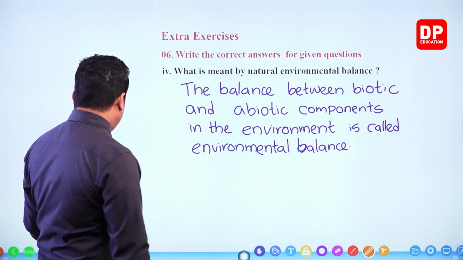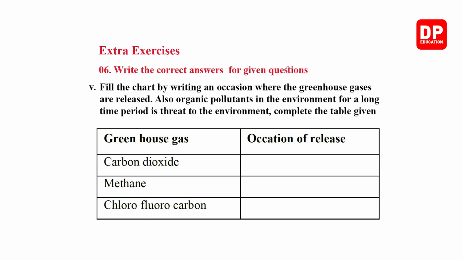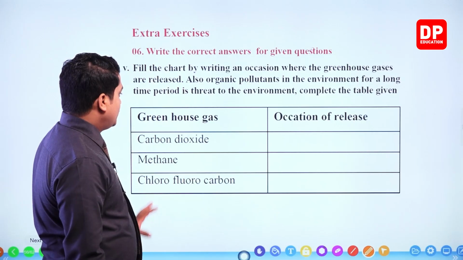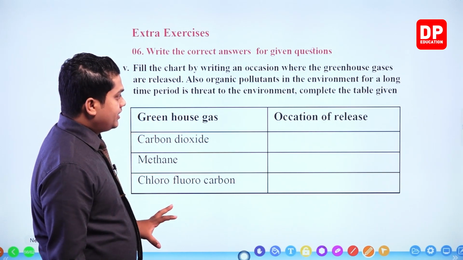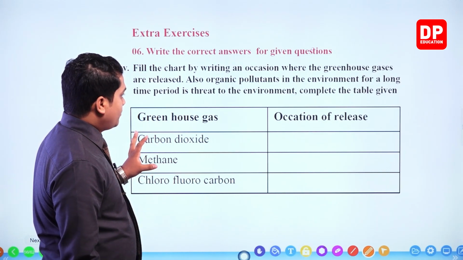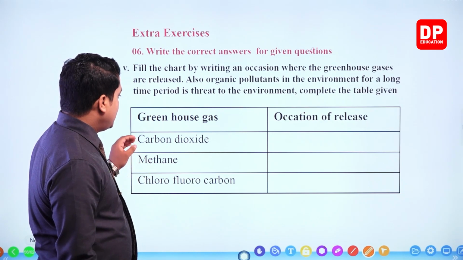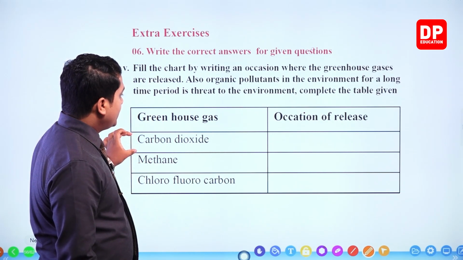Okay. Next question. Fill the chart by writing an occasion where the greenhouse gases are released. Also, organic pollutants remaining in the environment for a long time period are a threat to the environment. So, complete the given table. Here you have to complete the table by writing an occasion of release for each type of greenhouse gas.